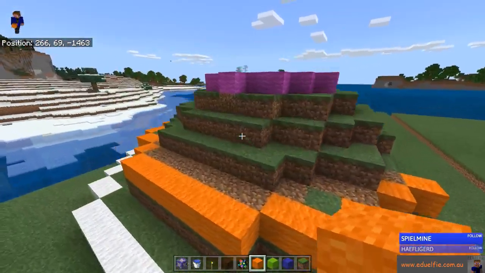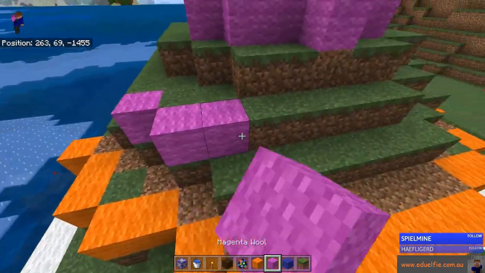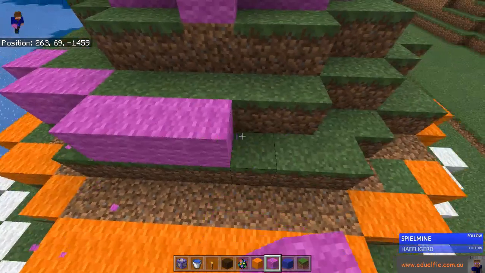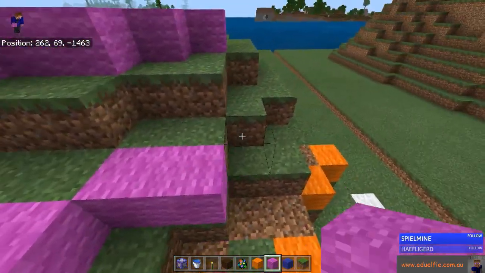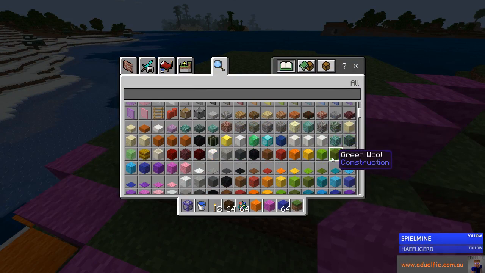Like so, which means that you are down here, and what's next in the order? Yeah, see, this is the old order. So should I put the order in each of these locations? It used to go white, orange, magenta, but then they've changed it now.